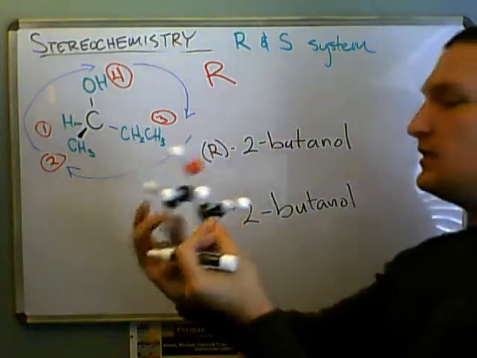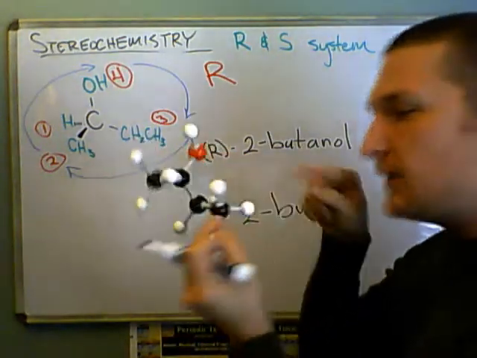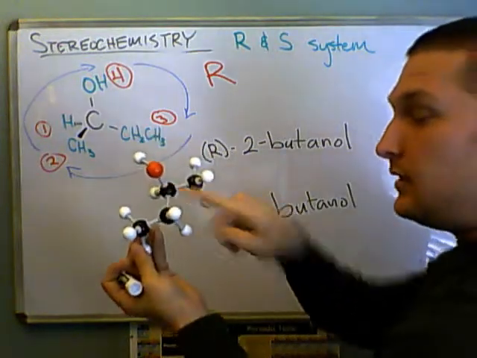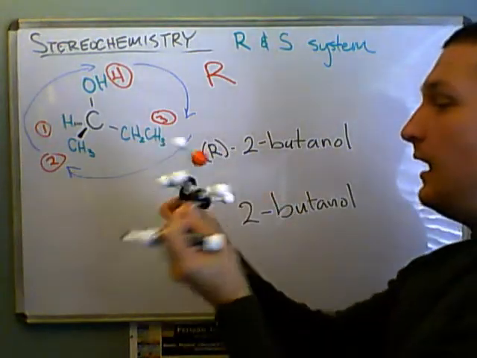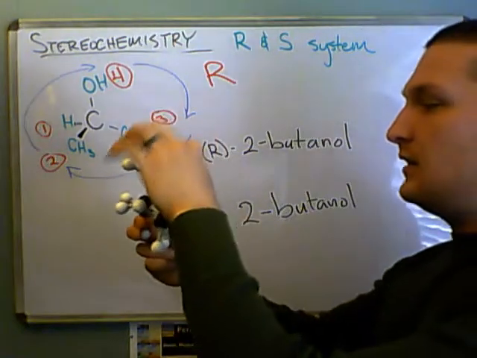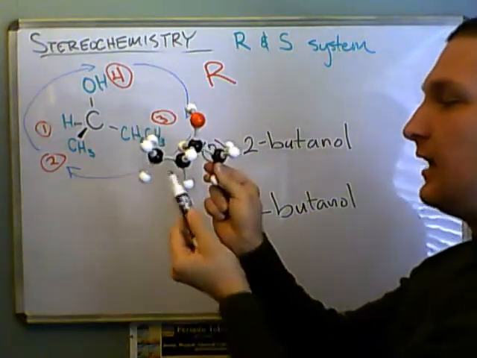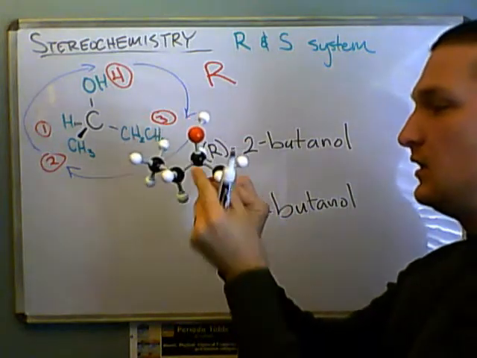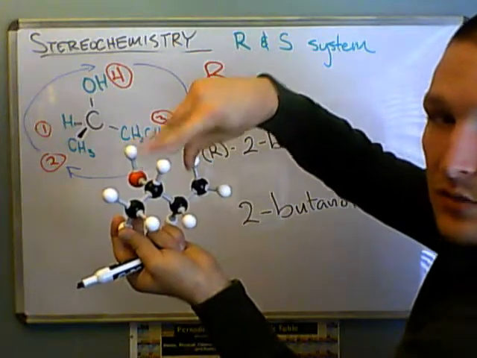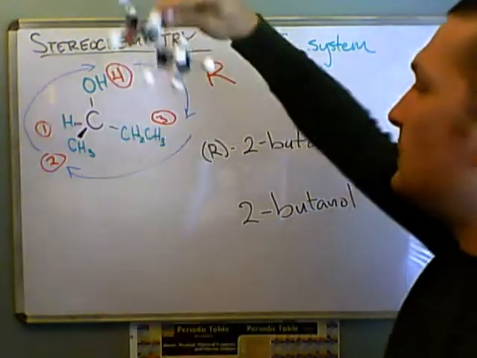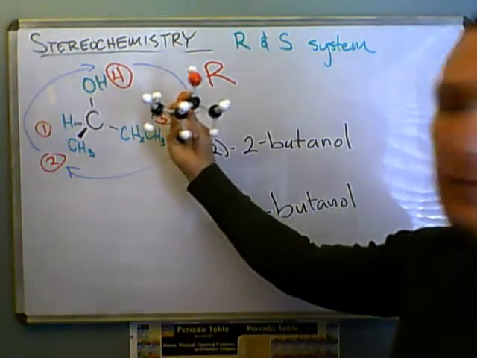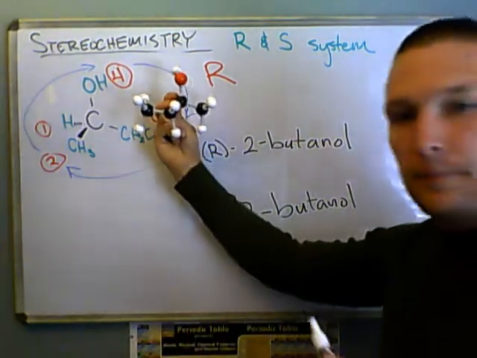But now let's do the same thing. Let's identify the stereocenter, and that is this one right here. And now, of course, the priorities are the same. The H is the lightest. This is the heaviest. This is the second heaviest. This is the third heaviest. So I'm going to grab the lightest of the substituents, which is the hydrogen, rotate it away from me, and now I'm going to count from the heaviest group to the lightest group.